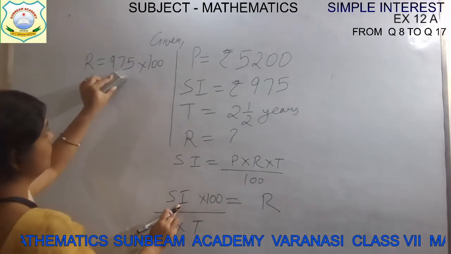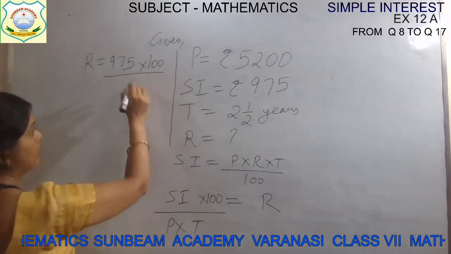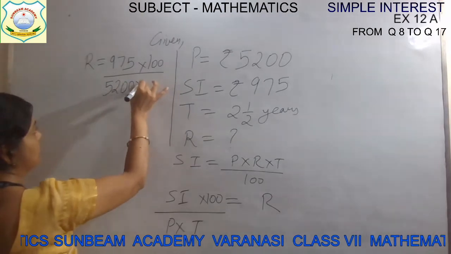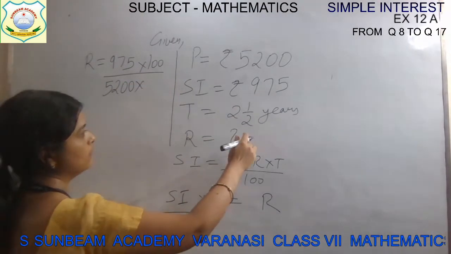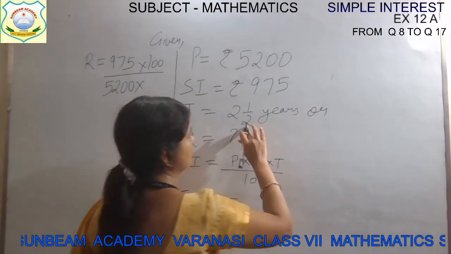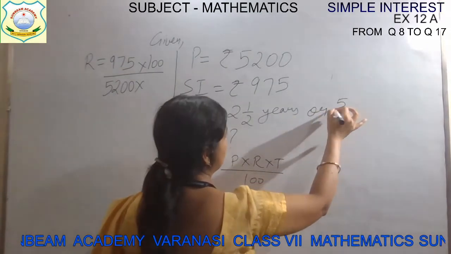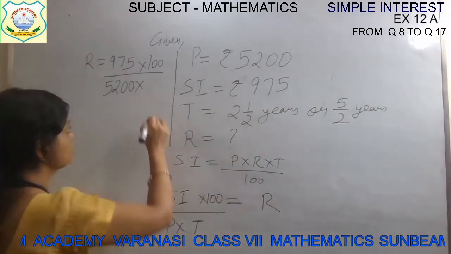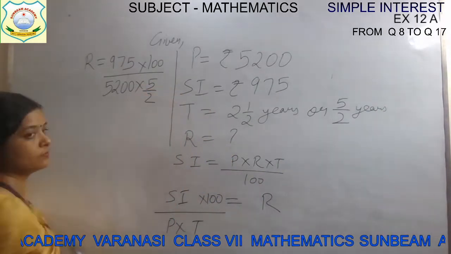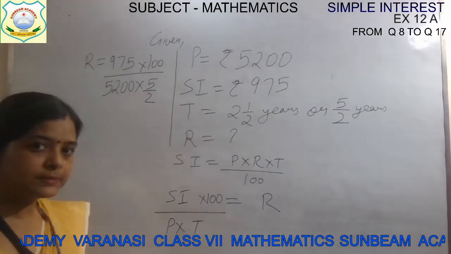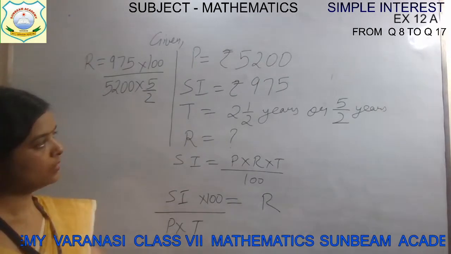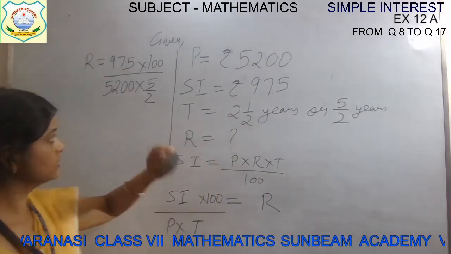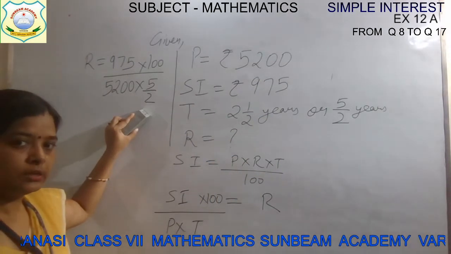Simple interest value into 100 divided by, what is principal money? 5,200 into, time is 2 whole 1 by 2, or you can write it as 2 into 2 plus 1, 5 by 2 years. So it will come down as 5 by 2. In this way, you will substitute all the values. Time is given in mixed fraction, so convert it into improper first, and then put the value of time here.